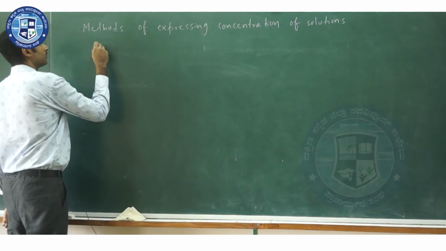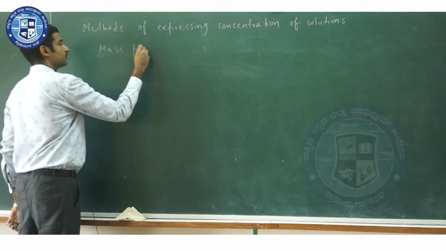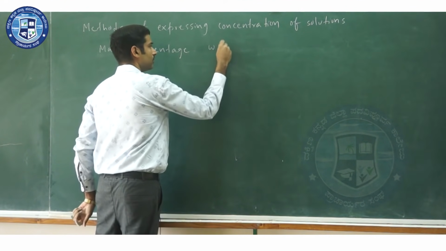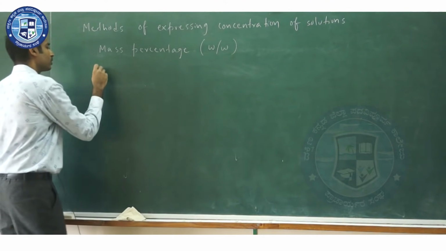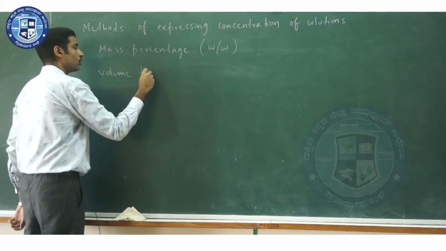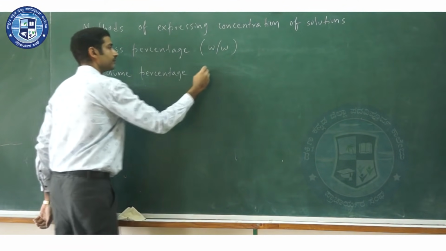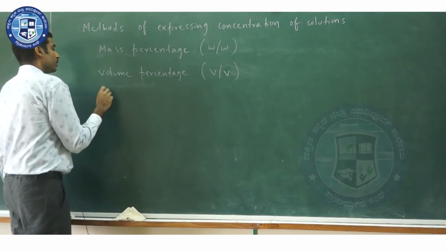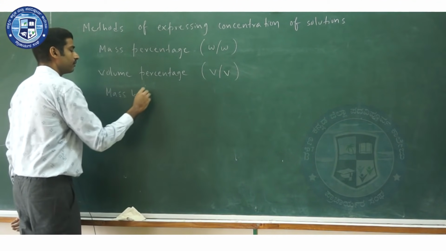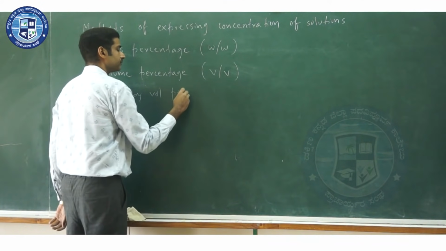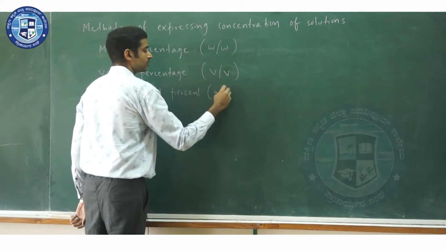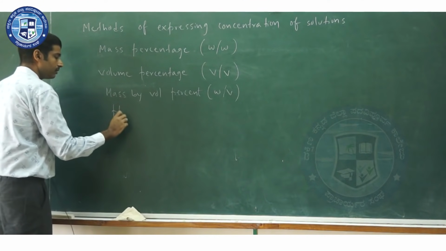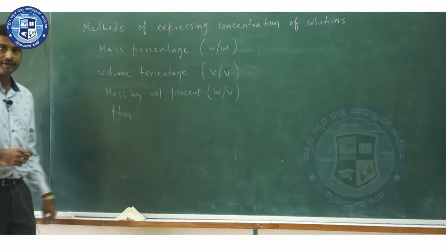So you can express concentration in terms of mass percentage, and you might have seen these kinds of symbols, W over W. You might also express this in terms of volume percentage, and the symbol that you might observe is V over V. You might also have mass by volume percent, which is expressed as W over V. You can express concentration in terms of ppm, parts per million.